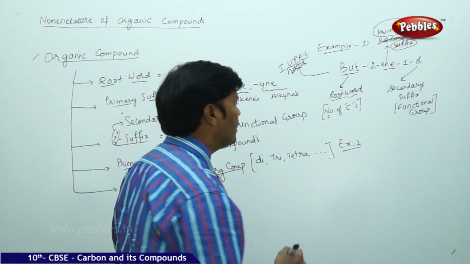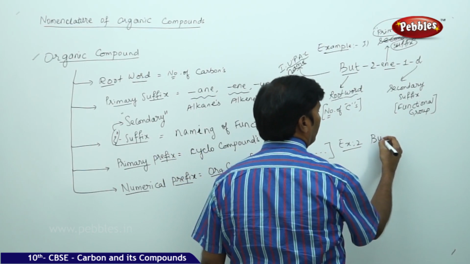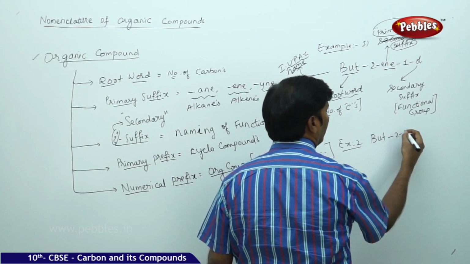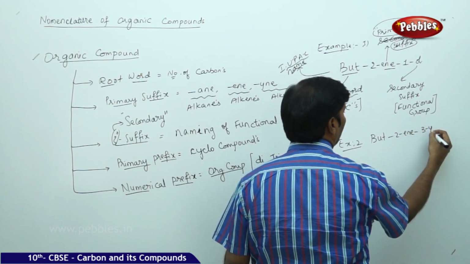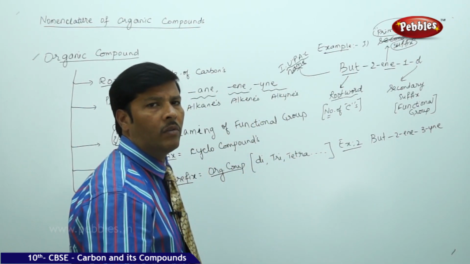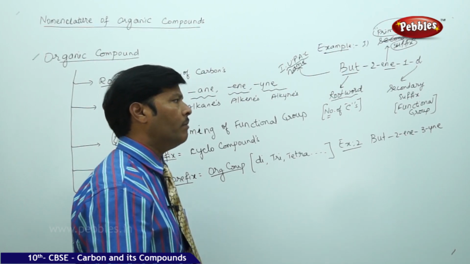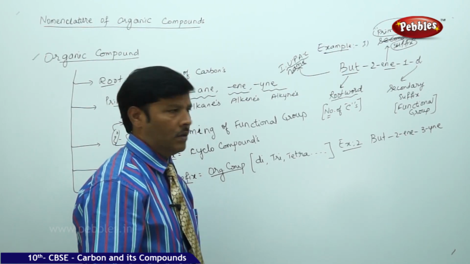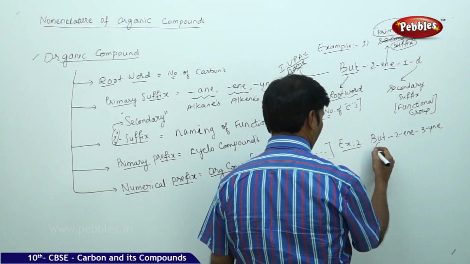Suppose, for example, but-2-en-3-yne. Suppose an organic compound whose hydrocarbon is given by the IUPAC name but-2-en-3-yne. So here but is the root word.